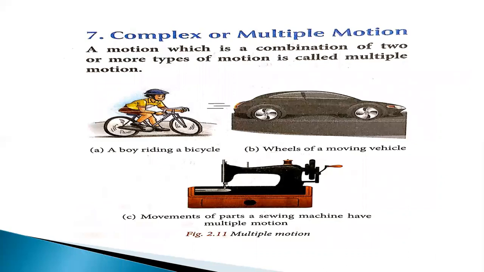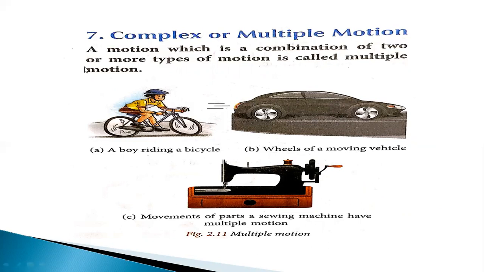Next one, complex or multiple motion. See here, complex or multiple motion. So what do we mean by complex and multiple motion? See, a motion in which a combination of two or more types of motion is involved is called multiple motion. See here, there should be two or more types of motion involved.